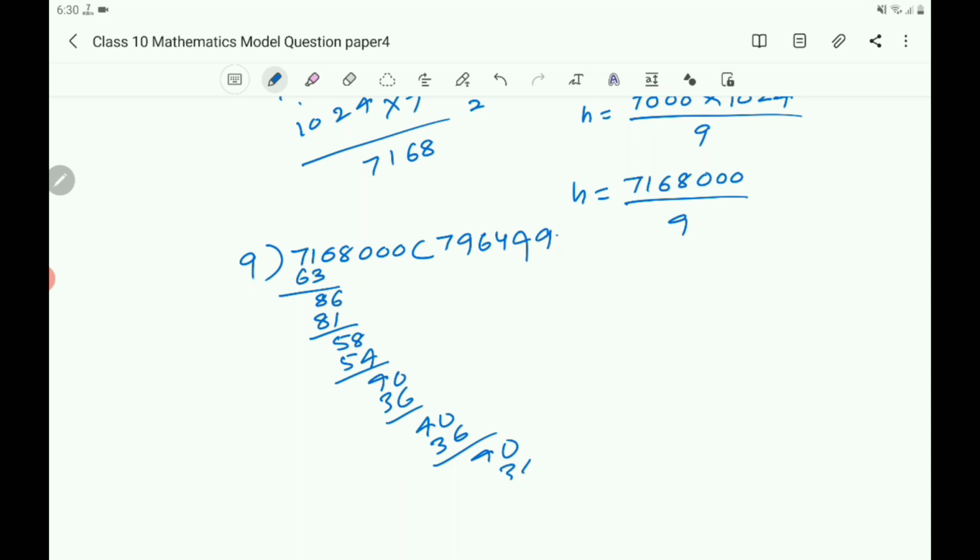So here 4 is recurring. So h equals 796444.4.